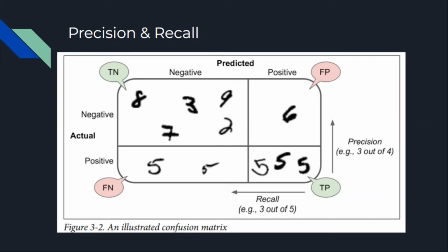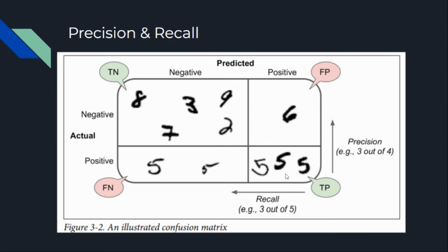Now let me explain once again what is precision and what is recall. Precision is how many values are correctly predicted from the given positive prediction. When I say positive prediction, if you look at this confusion matrix, you can see this column, these are the positive predictions.